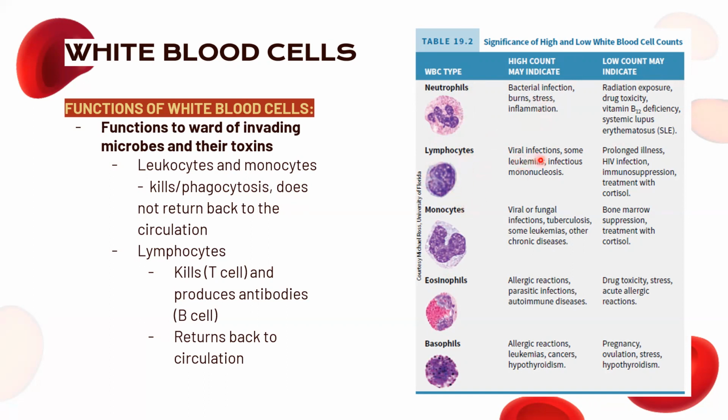Lymphocytes for viral infections, leukemias, and infectious mononucleosis. Monocytes, still viral or even fungal infection, tuberculosis, some leukemias and other chronic diseases. Eosinophils for allergic reactions, parasitic infections, and autoimmune diseases. And your basophils also for allergic reactions, leukemias, cancers, including hypothyroidism.